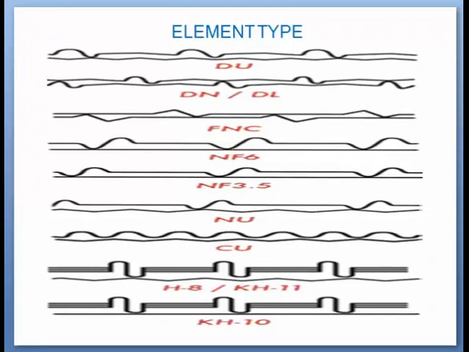Some of them are elaborated here. The first one is double undulated, that is DU. This is the double undulated type. The second one is the DN oblique type.